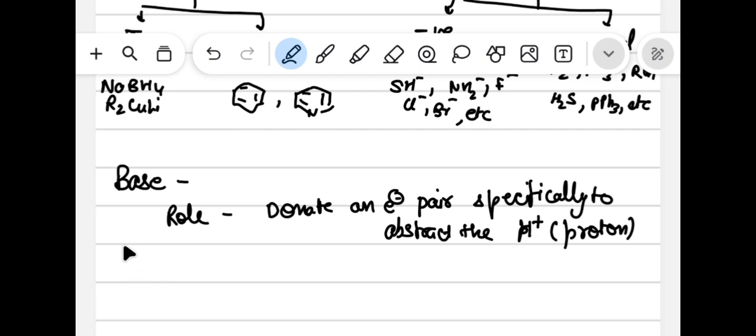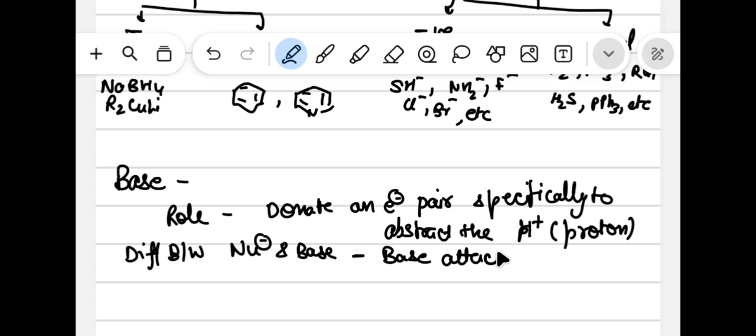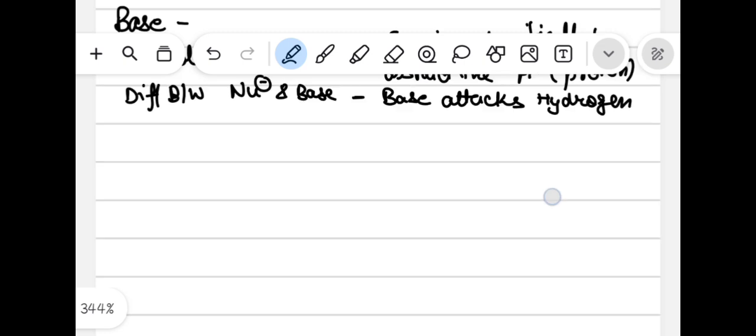So if we say the difference between nucleophile and base, we can see that a base attacks hydrogen. So here are some examples of base.